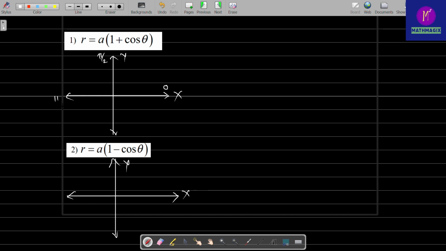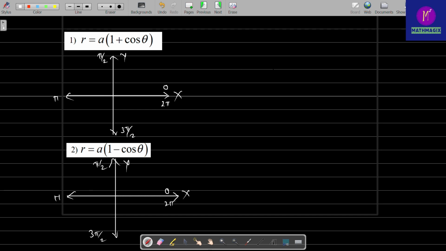This angle is pi. This angle is 3 pi by 2. And this angle is nothing but 2 pi. That is the complete circle in fact. So same way we will have here 0, pi by 2, pi, 3 pi by 2, and this angle is 2 pi again.